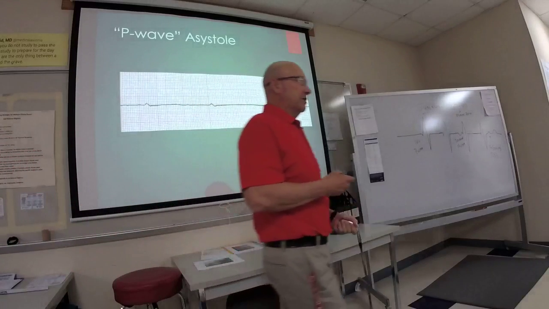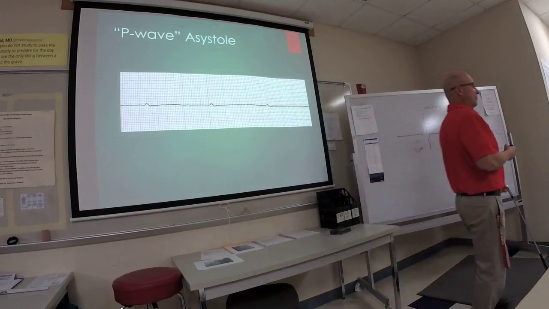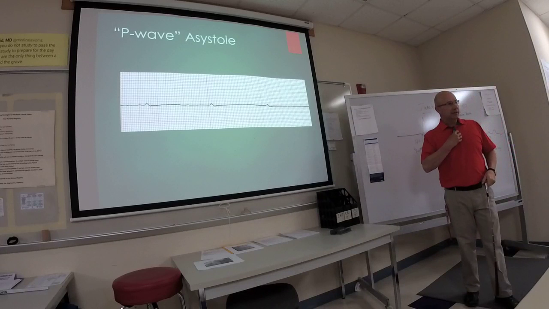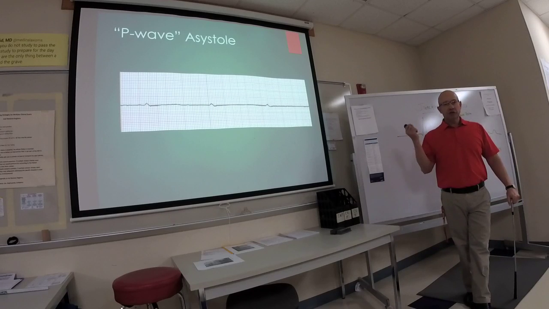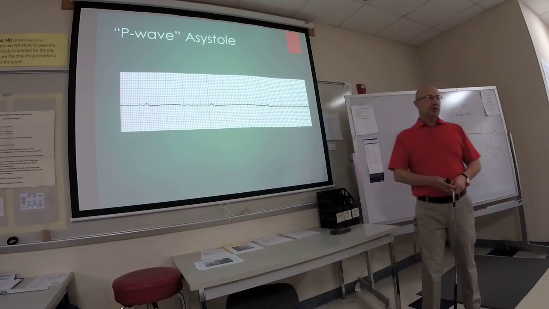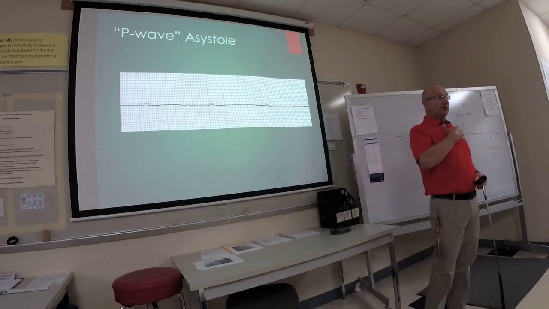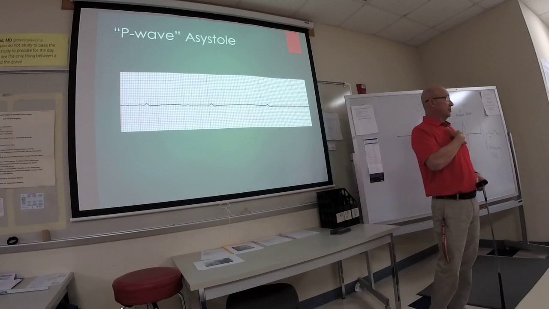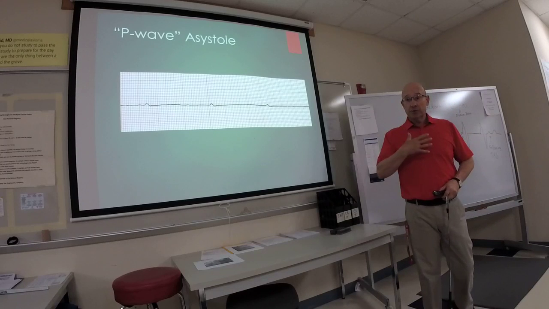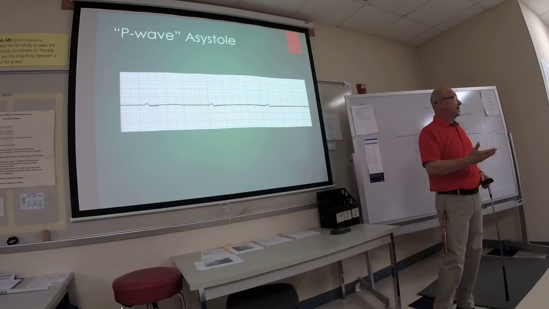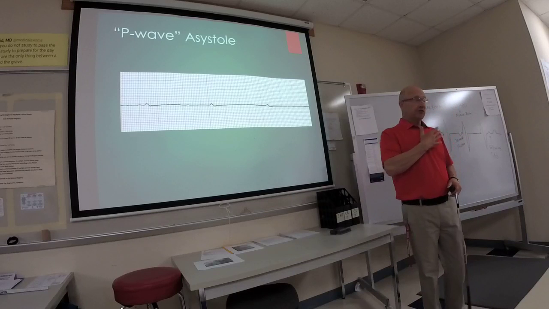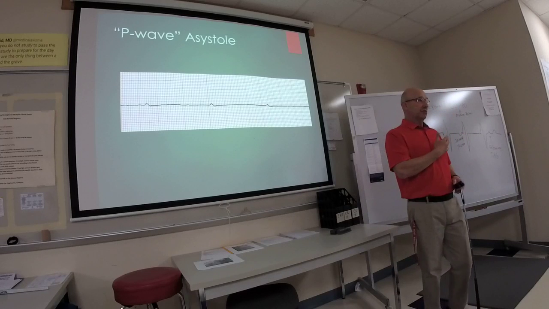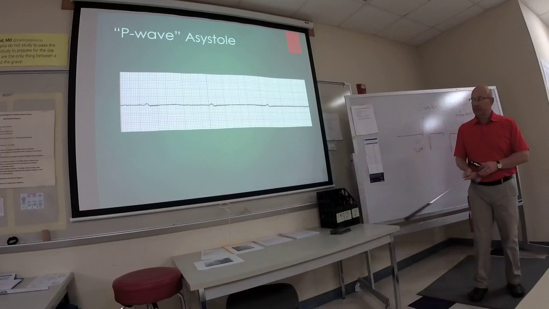You do not want to shock asystole because you increase cardiac impedance, the resistance to the electrical current. That will hurt the patient if they do go into VFib, because you've increased that resistance to the defibrillation.